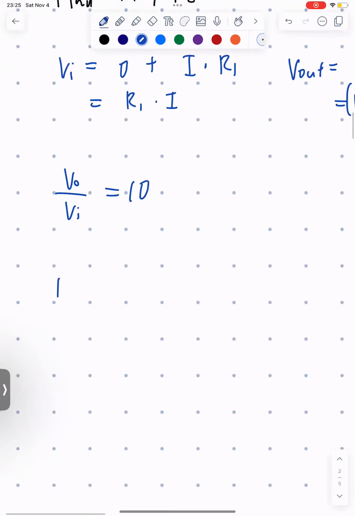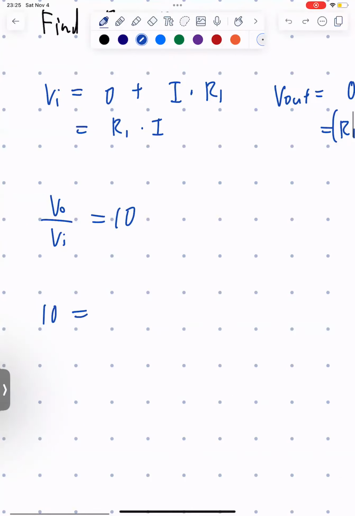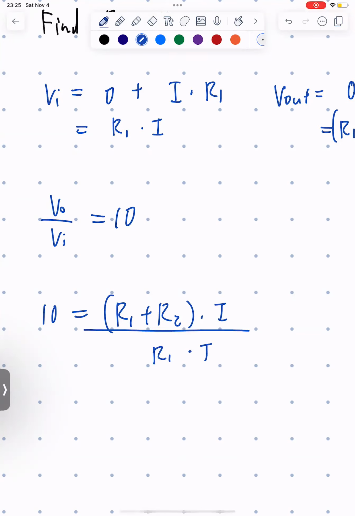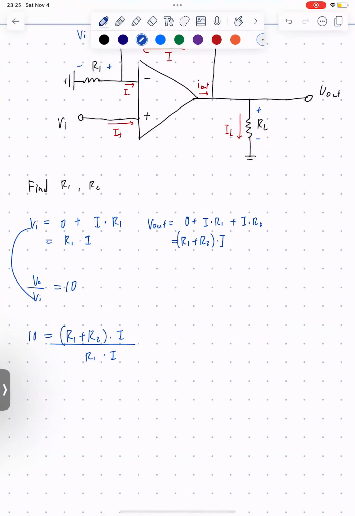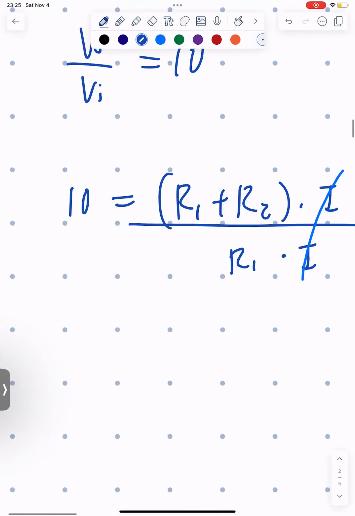If we plug those numbers into the equation over here, we get R1 plus R2 times I divided by R1 times I. VI goes here, VI goes here, and then we can cross I out.